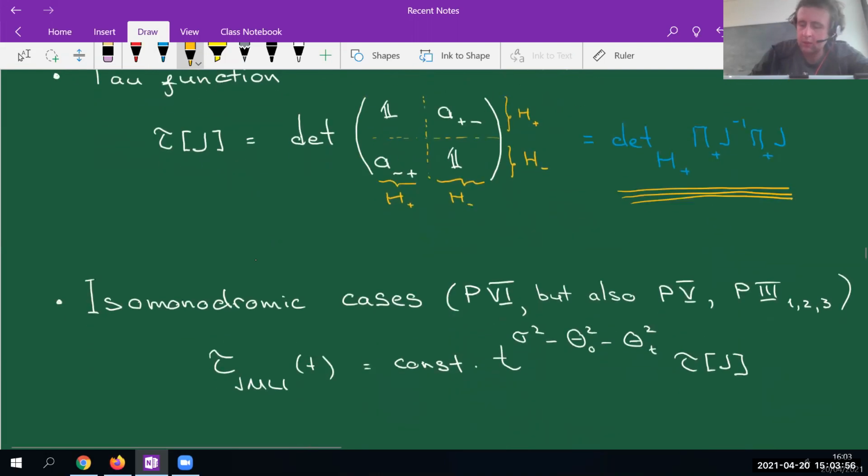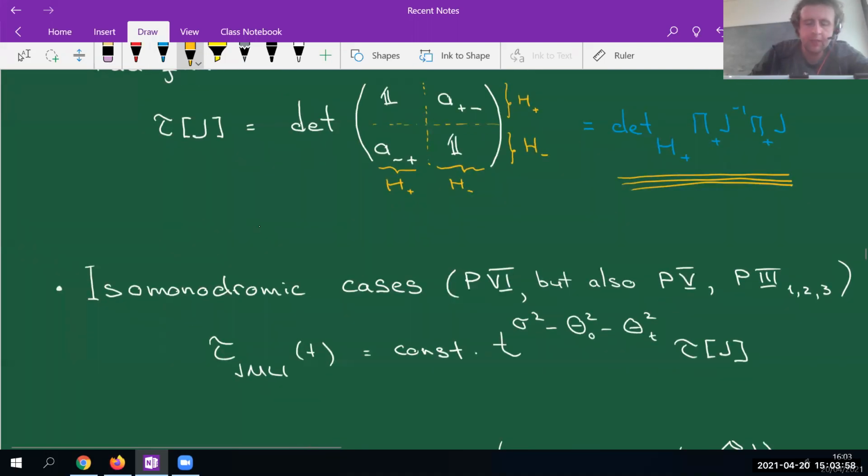And we finished by mentioning this variational formula due to Widom, which allows to identify this object here with the isomonodromic tau function, which was introduced by Jimbo, Miwa, and Ueno, that is with the solution of the isomonodromy equations.